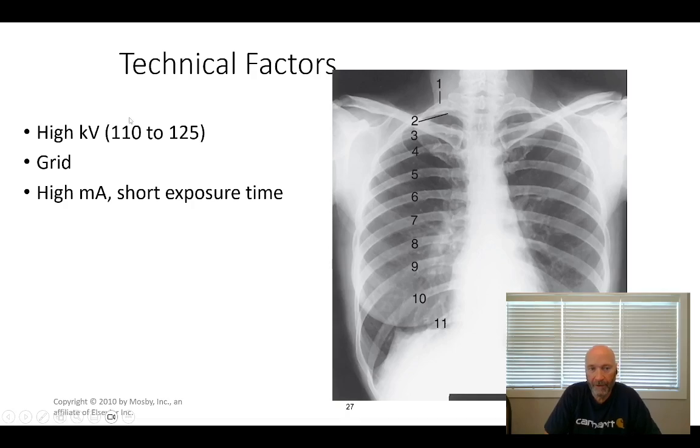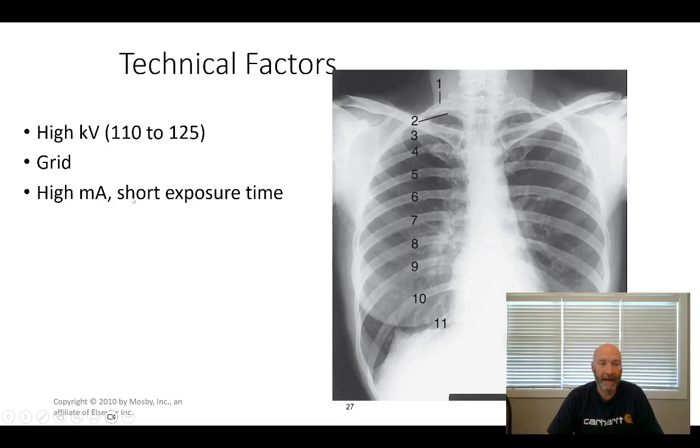Most of the hospitals I've been in used 110. You would use a grid or a wall bucky with those kinds of kVPs. If you're doing a portable and you're not using 110 kVp and you're using maybe 85 kVp, you may be able to forgo the grid.